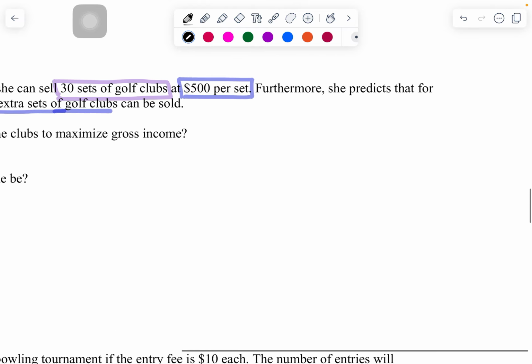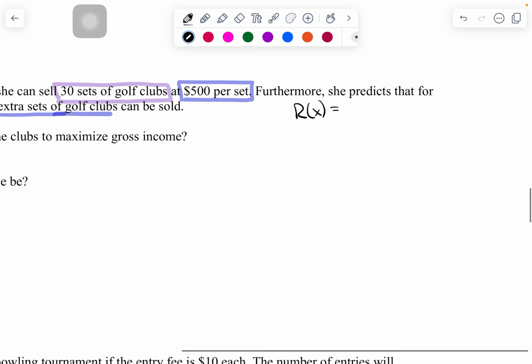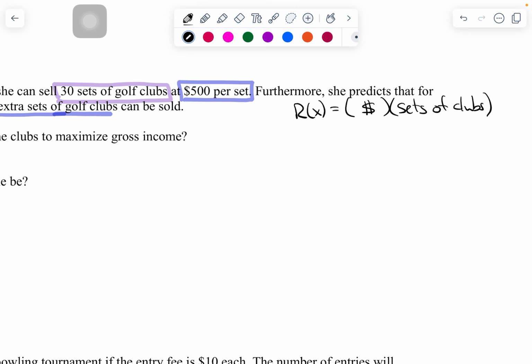And the revenue equation I'm going to put off to the side here. So R of X, you could call it Y, F of X. It doesn't really matter. But what we've got here is we've got money, and then I'm going to do sets of clubs. All right. Now this helps me just keep track of what is going into which part of the equation.